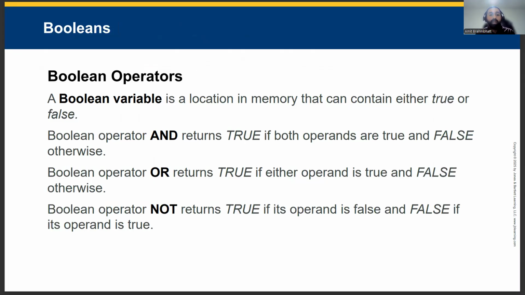A Boolean variable can hold only one of two values, true or false, making it essential for controlling decisions in programs. The AND operator requires both operands to be true to return true, while OR returns true if at least one operand is true.